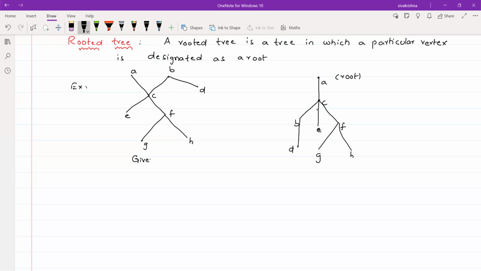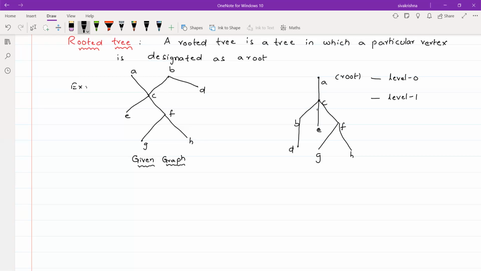So this is the given graph, and in this graph I have selected one particular vertex as a root, and if we draw the diagram by selecting small a as a root, then we get this particular tree. So we say that this is a rooted tree. Okay, here we can indicate levels also. Here the root is level 0, and C is level 1.